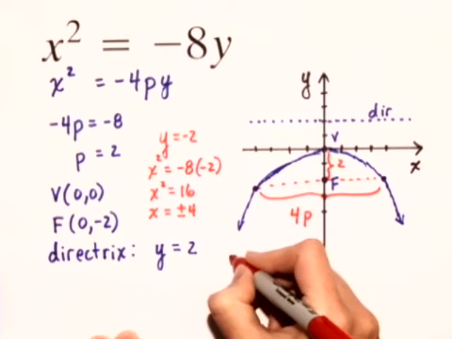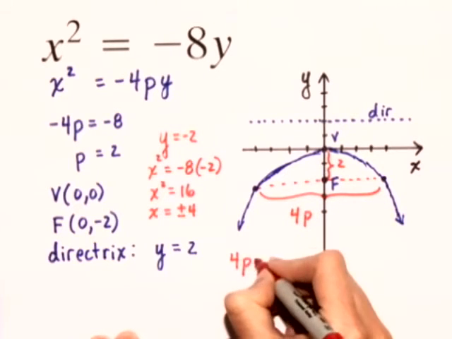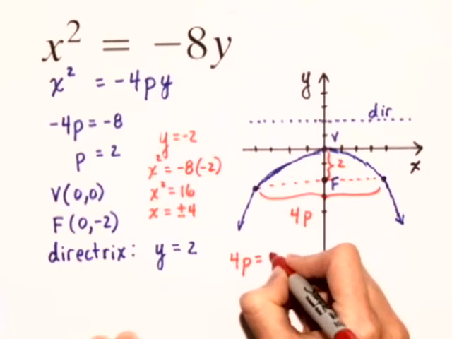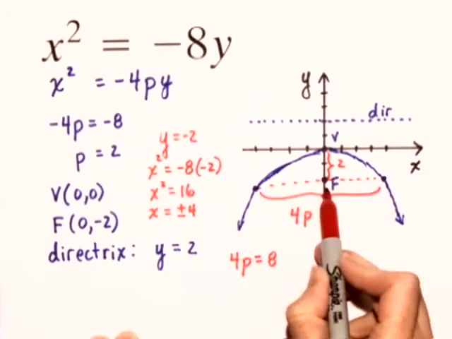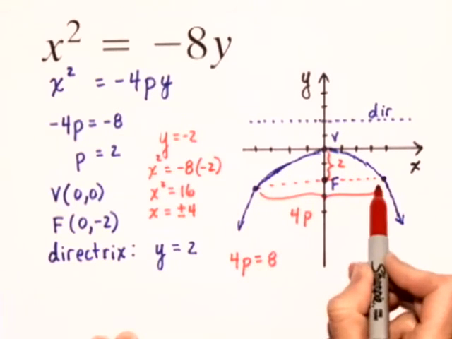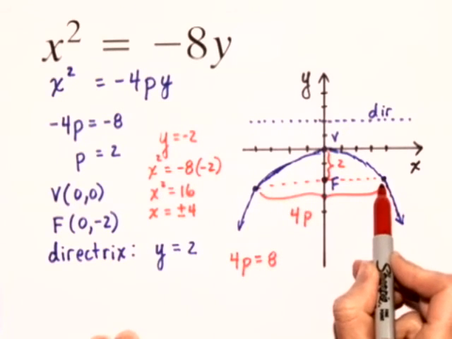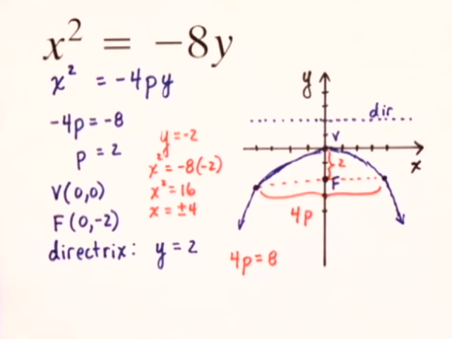In this case, we know that 4 times p is really 4 times 2, which is 8. So we know this total opening, which is also called the latus rectum, is a total of 8 units. So we can use that when we graph parabolas. So this is a picture of the graph of the parabola.